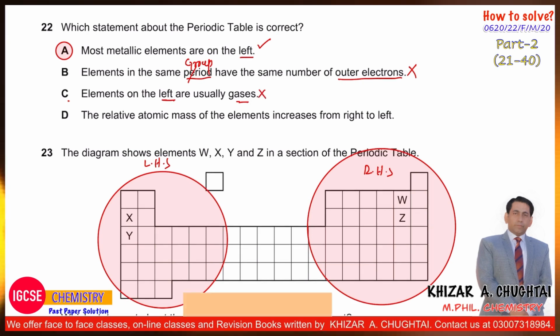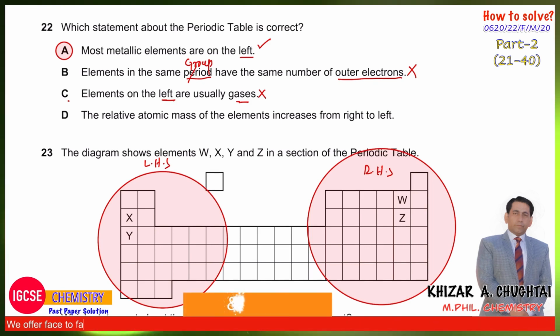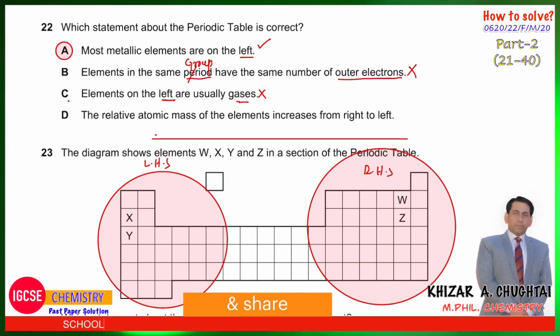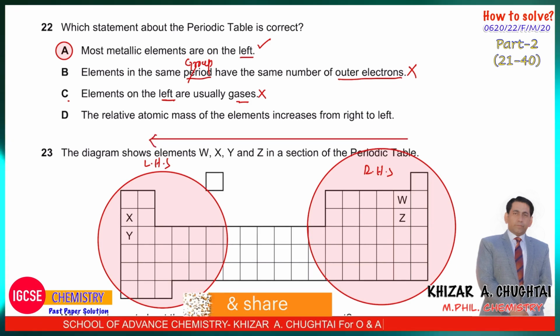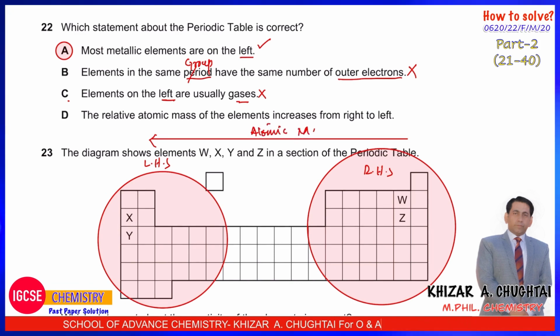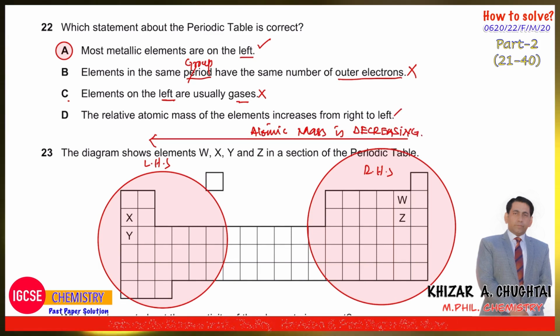The D part: the relative atomic mass of the elements increases from right to left. This is right to left, so atomic mass is decreasing in this way. So again, it's proven wrong. Once again, it is confirmed that A is the correct option.